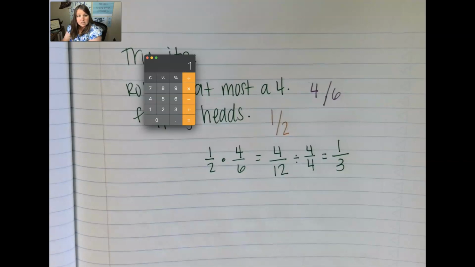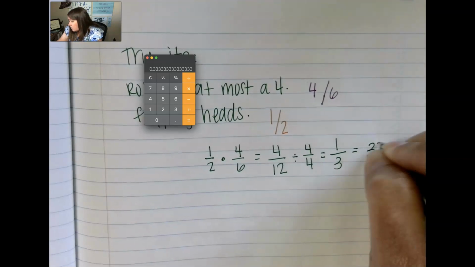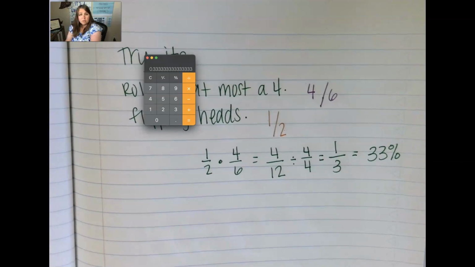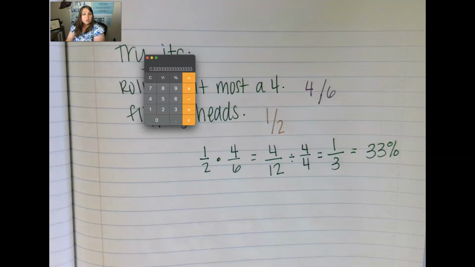So 1 divided by 3 is going to give me 33%. 33.33333. The 3's go on forever because you can't break 100 up into 3 equal pieces.